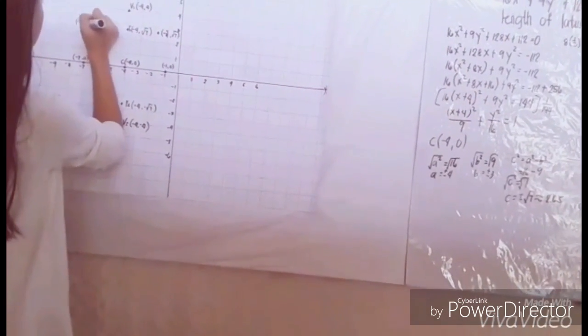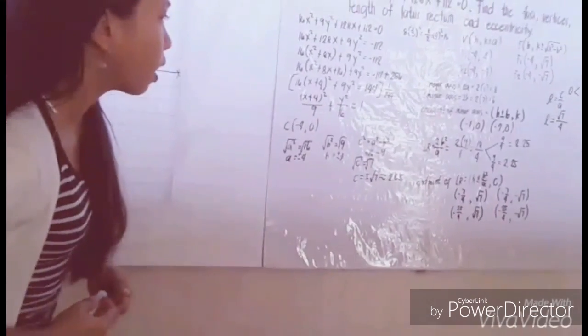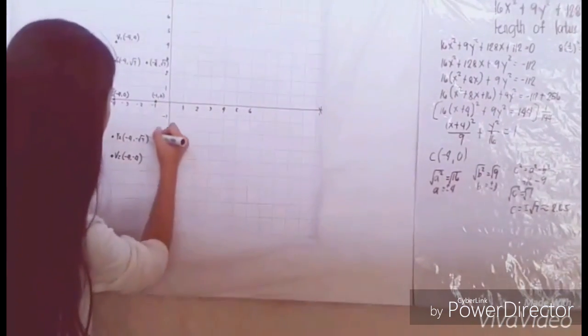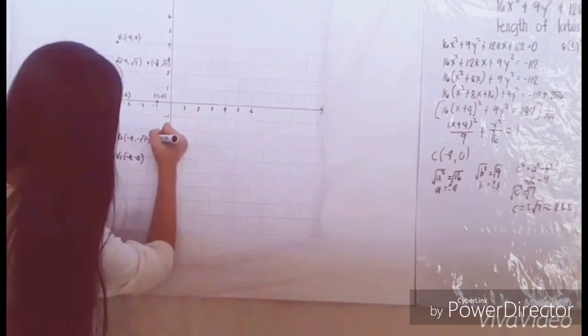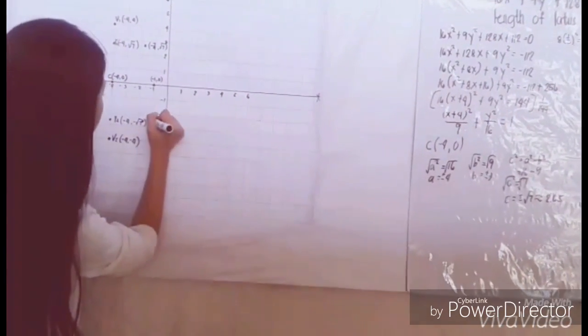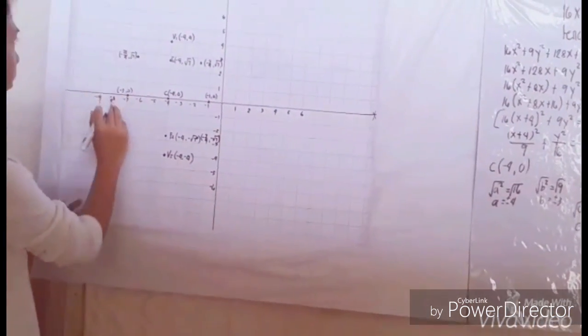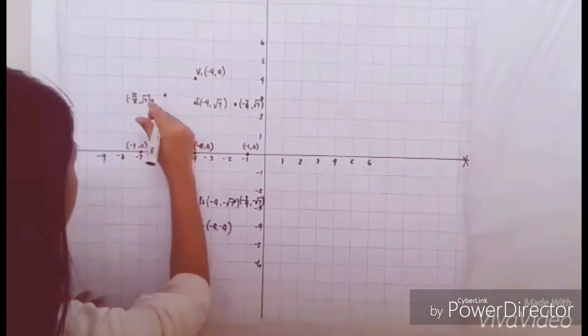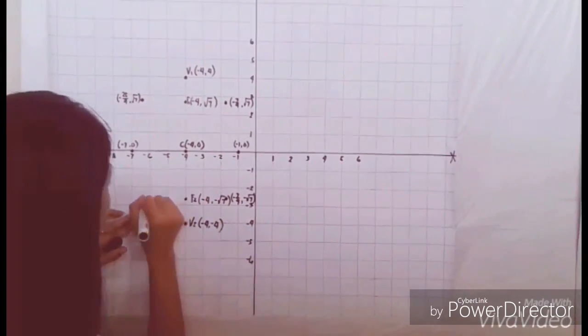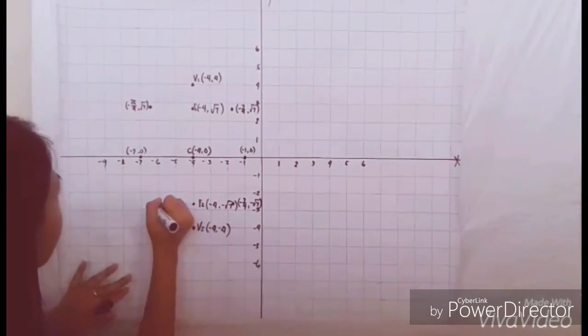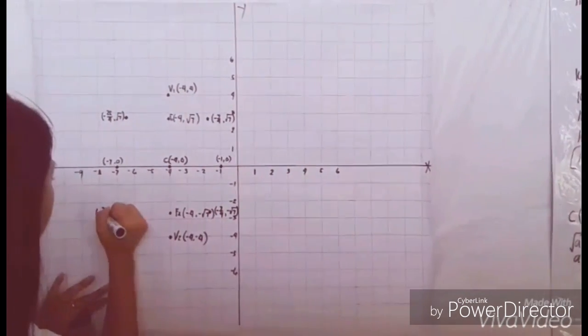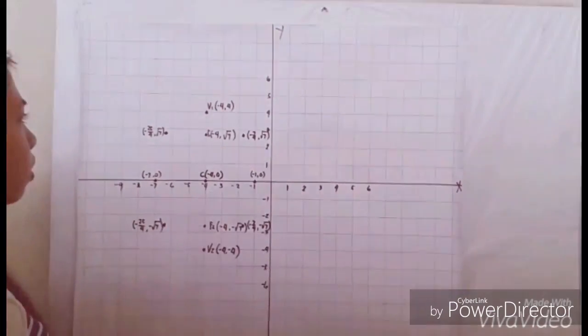And we have also our next endpoints of LR, which are negative 7 over 4, negative square root of 7, and also negative 25 over 4, negative square root of 7. So connect the points.